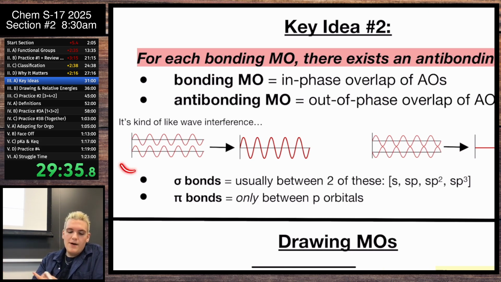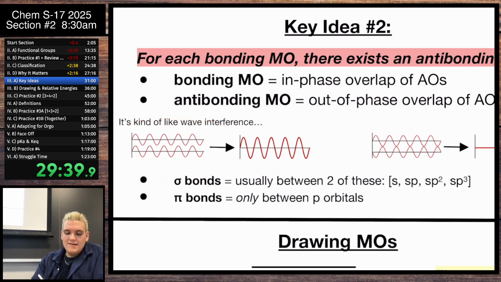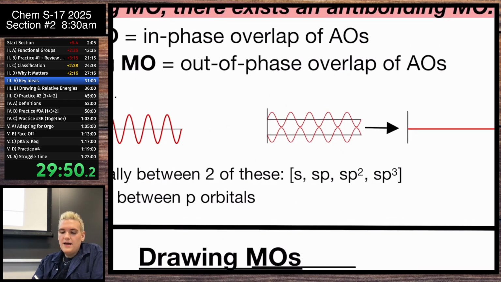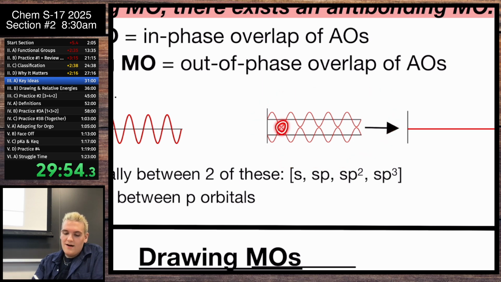So if you combine waves and they line up exactly, then it makes the amplitude of the wave bigger. And they call this constructive interference, where you combine two things and it makes it stronger, essentially. But if you combine the waves and they are out of phase like this, like the peaks and the troughs are at the same time, then they cancel out, and it's destructive interference.